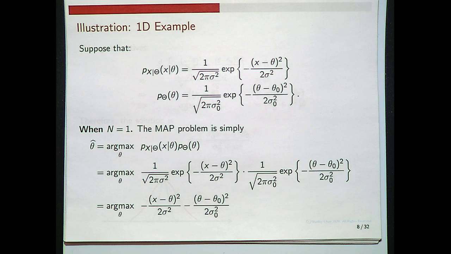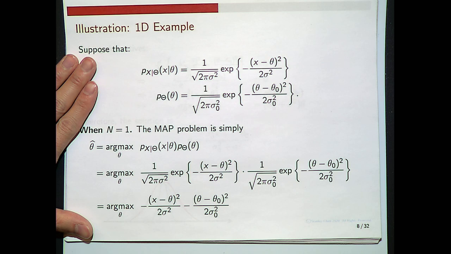All right, so now let's spend some time understanding the picture of this maximum a posteriori estimation. How does this prior play a role in my estimation problem? This is the exact same problem as in the last lecture.